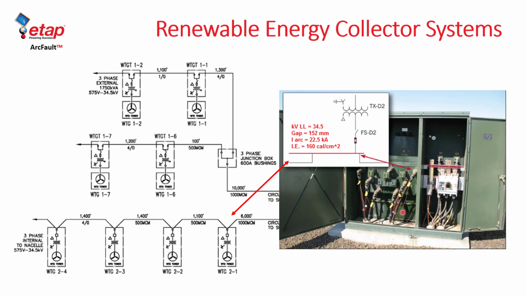For these bigger boxes and longer gap conditions, the models of IEEE 1584 and also the Lee method, which is used by some engineers to perform analysis, may end up producing overly conservative results for the incident energy calculation.